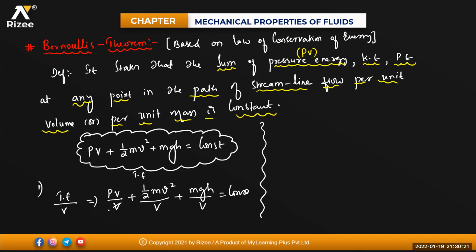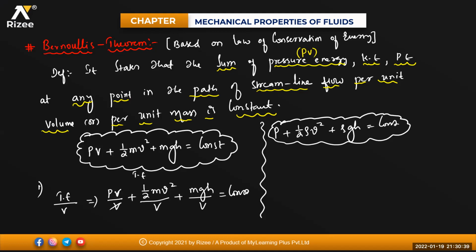Isn't it? So this V and this V get cancelled. So it is P plus half into rho into V square plus rho g into h is equal to a constant, since mass by volume is density. This is another form.